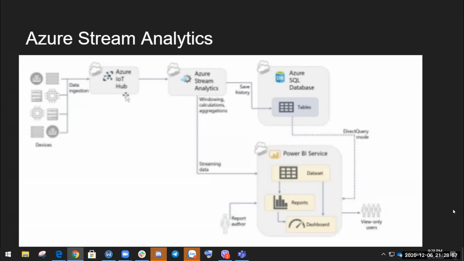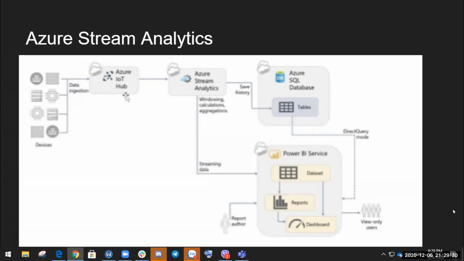But I want you to know how Azure Stream Analytics plays in the whole Azure stack. So basically, what is Azure Stream Analytics? It's real-time analytics and complex event processing, designed to analyze and process high volumes and fast streaming of data from multiple sources simultaneously.